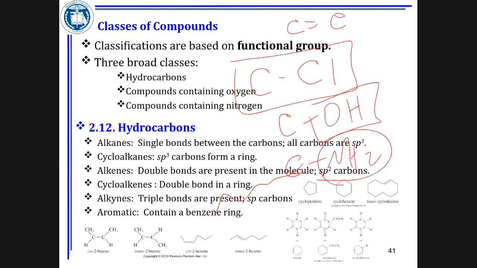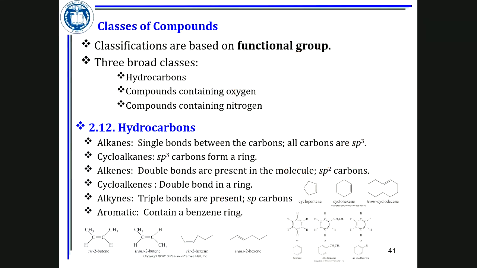So we have three classes of organic molecules. We have hydrocarbons. What does hydrocarbon mean? Hydrocarbon means that it's made only from hydrogen and carbon, so your molecule contains only carbon and hydrogen.